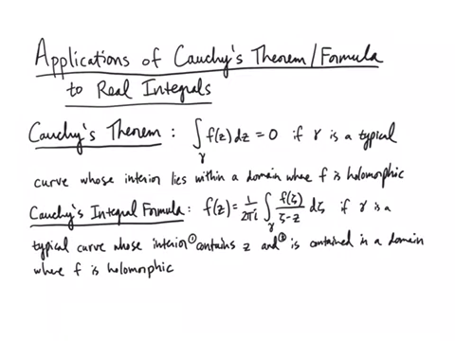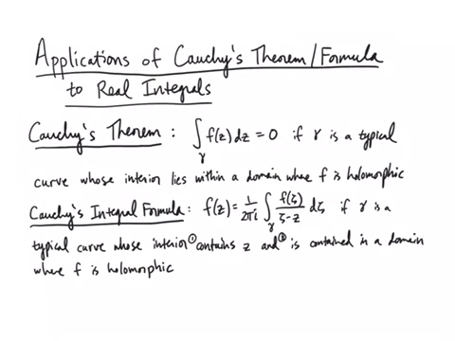Proceeding from Cauchy's contributions. Before we get down to business, I'll remind you of some things we talked about in the last lecture on Cauchy's theorem and Cauchy's integral formula. Cauchy's theorem says that if you integrate a holomorphic function around a closed curve, you get 0.